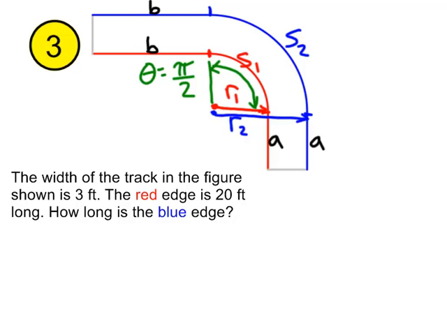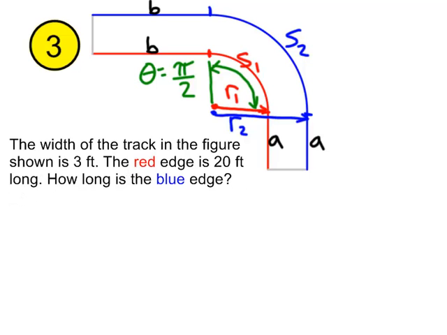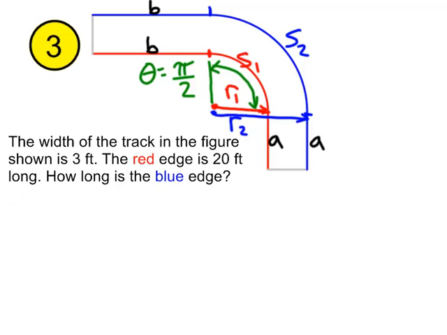Okay, I've labeled just about as much as I can, and now I need to focus on what I'm supposed to find. I'm supposed to find the length of that blue edge. So the blue edge looks to be this length of B plus this length A over here plus S2.